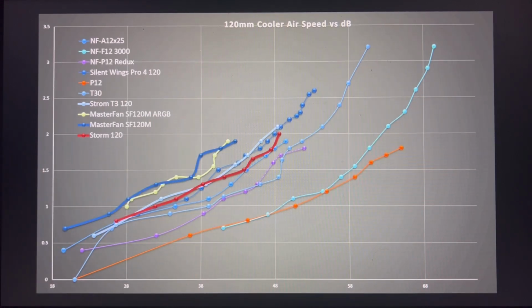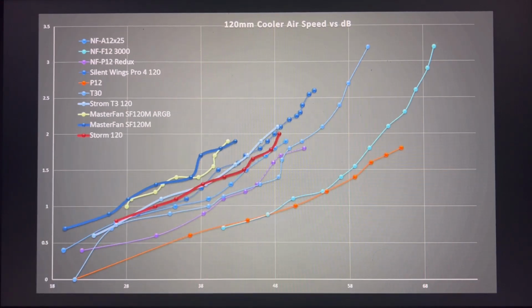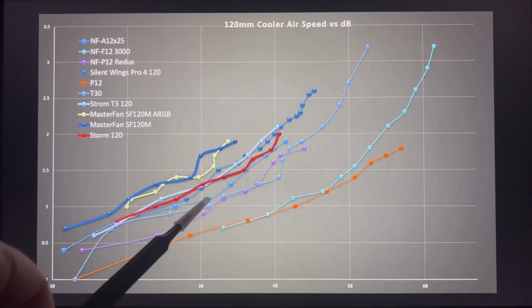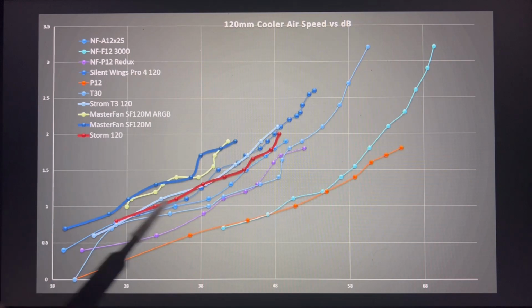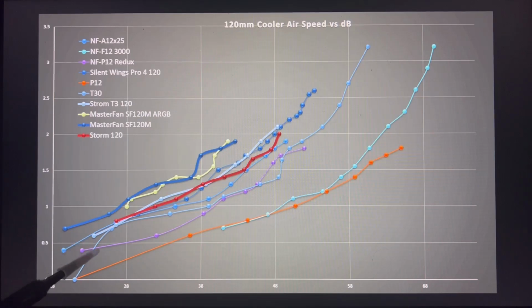As for the Storm, the Storm 120 is this red line, and it's on the better side of the middle of the pack. For comparison, right here I'm pointing at the Noctua A12X25, and the Storm T3 is highlighted right here.